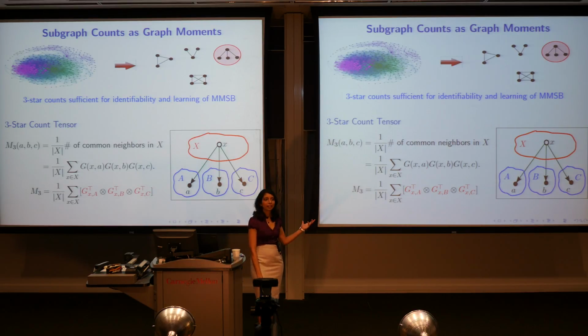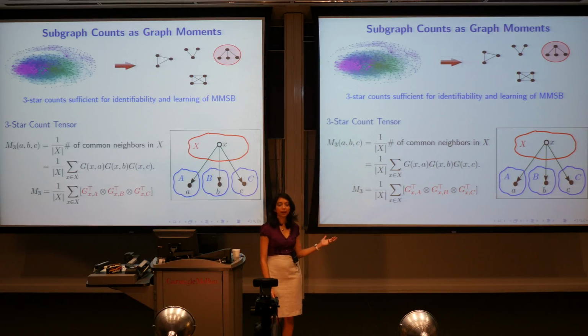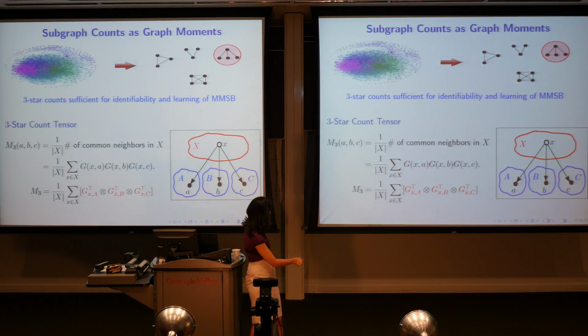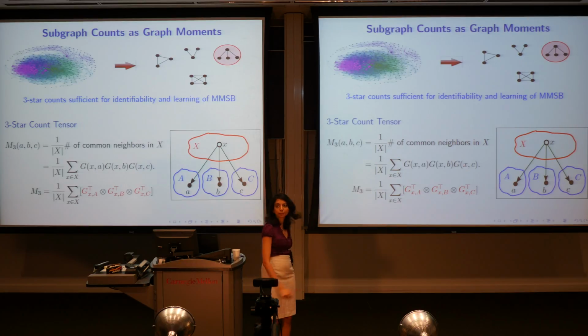Because if you recall the notation that I described yesterday, this is nothing but, if I query for node A here, and I'm querying for node B in this vector and node C in this vector.